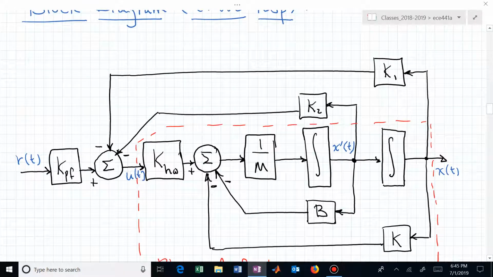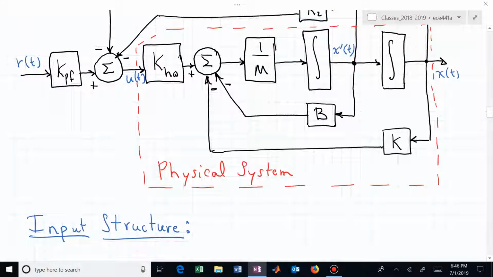In this particular lab we're actually going to start off by just measuring the velocity. So we're going to throw that position signal away, or not use it, and see what we can change by just scaling velocity and feeding it back. Then in the last part of the lab we will adjust all three constants, k1, k2, and k sub pf.